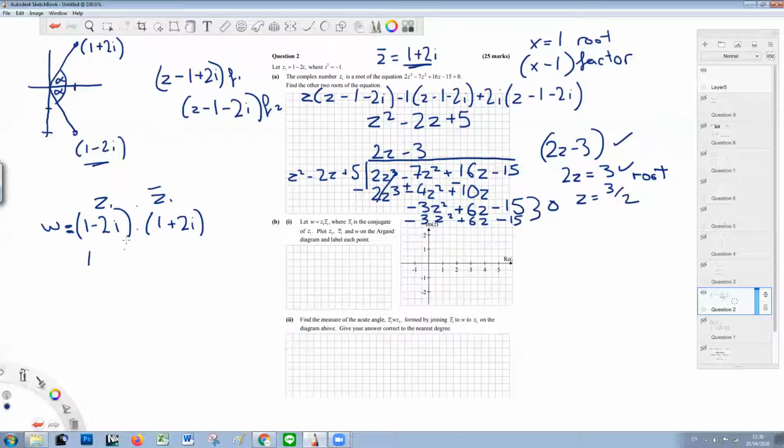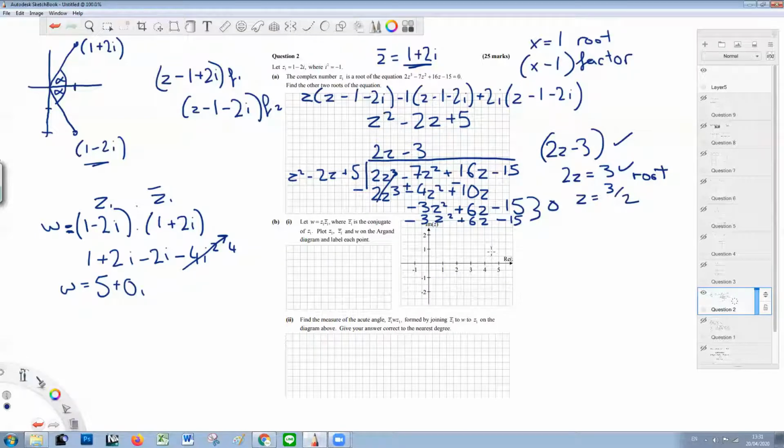So it's going to be 1 plus 2i minus 2i, and then that's going to be minus 4i squared. And we know that i squared goes to minus 1, so that's going to go to 4. So w is just going to be equal to 5 and 0i.